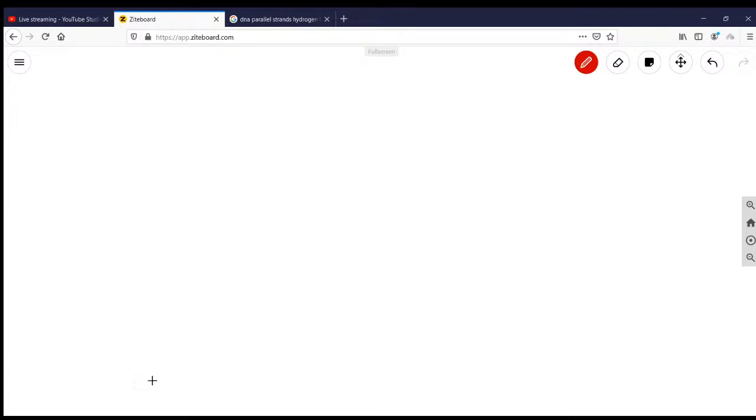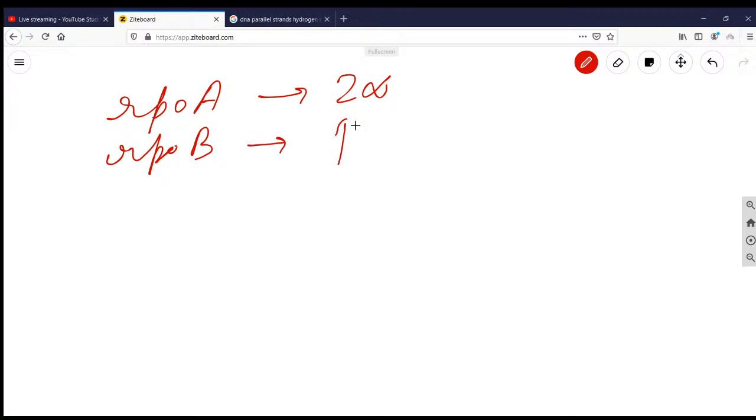And if I give you a table here, the genes which code for these subunits are known as rpo genes in E. coli. Just for your information, rpoA will code for the two alpha chains. rpoB in E. coli will code for the beta chain. Then rpoC will code for the beta dash subunit.